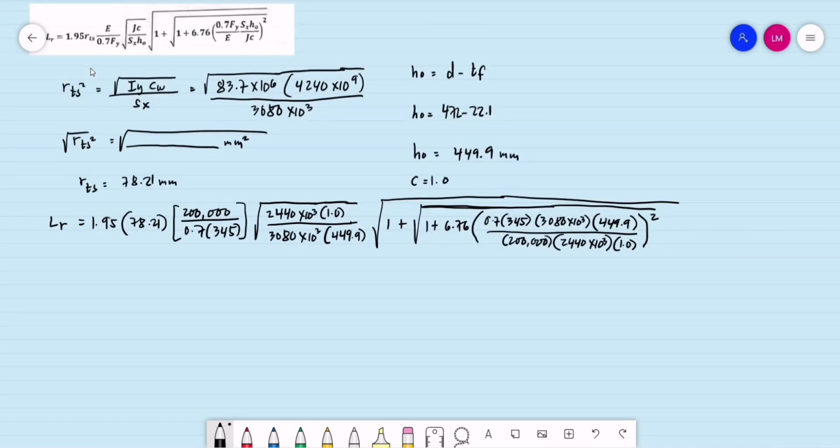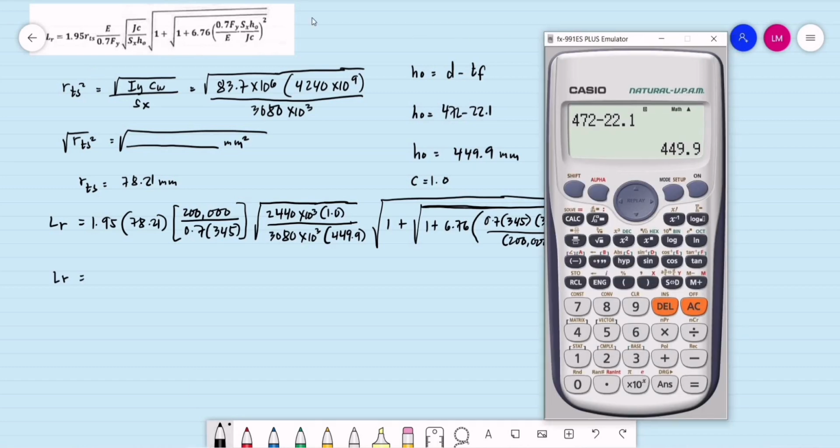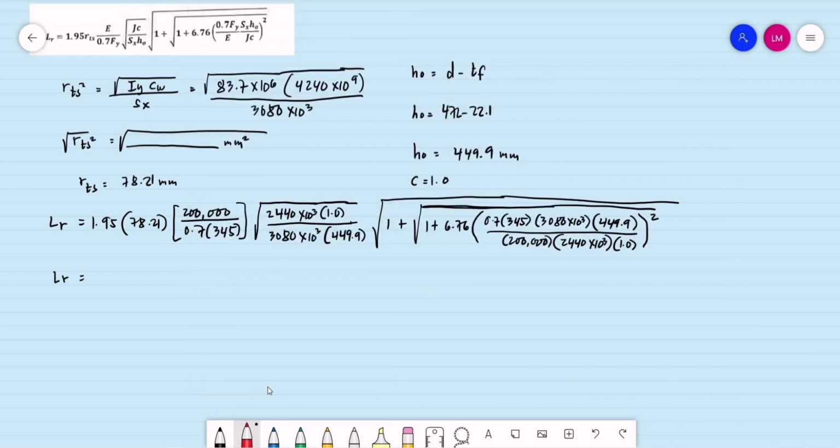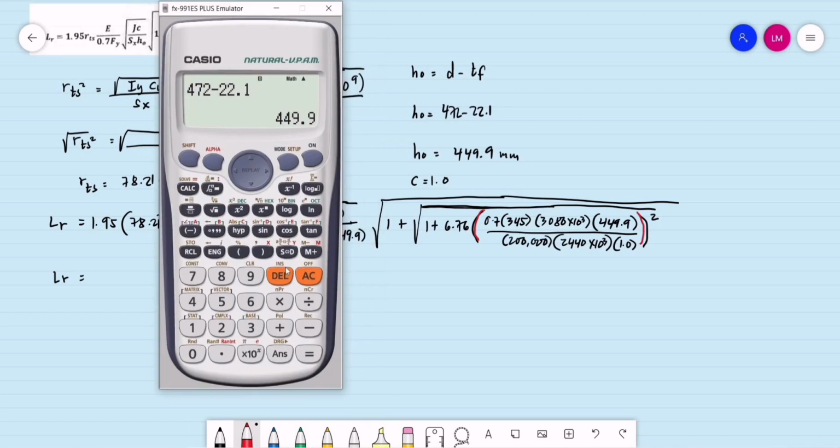So we are ready to compute for the value of the L sub r. And this is equal to, so again, I'll be starting on this term. So we have that as 0.7 of 345, then 3080 times 10 raised to 3, and then multiplied by 449.9, to be divided by 200,000 times 2,440.